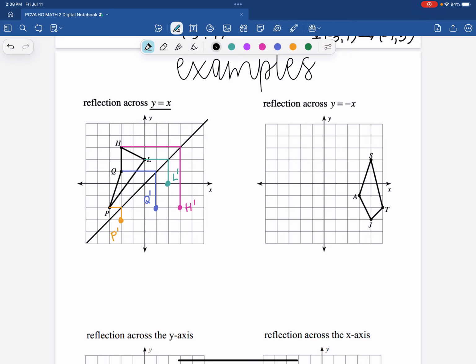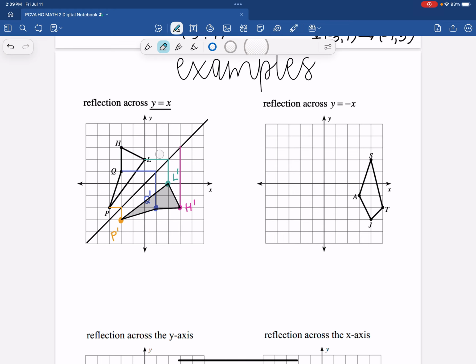If we connected all of these, you've got to think about your order here. P goes to Q, then Q goes to H, and then H goes to L, and then L goes back to P. Okay, so you can see that reflection for those.